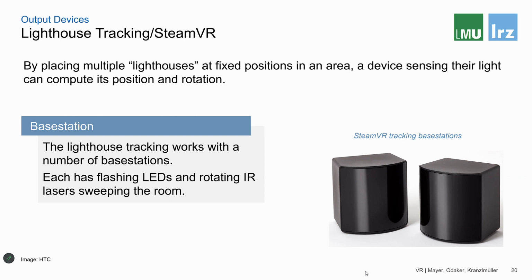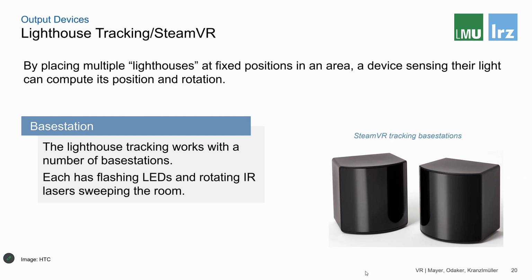There has been an update ever since. The new ones look slightly different. The basic principle is the same. So SteamVR Tracking 1 was limited to 2 base stations and had a room scale area of up to 5 by 5 meters.